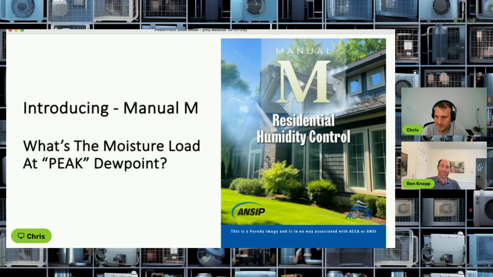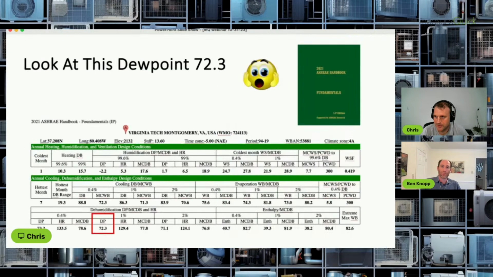So let's calculate this. Yeah, go ahead. Take them down. We'll take them here. So this is the ASHRAE Fundamentals Handbook, and you'll see it's a lot of numbers, but you'll see heating DB. That's in the first table there.